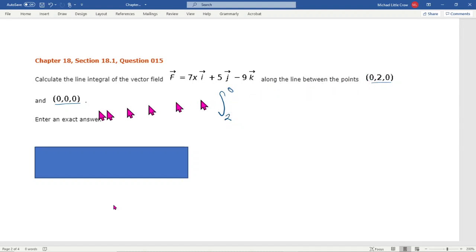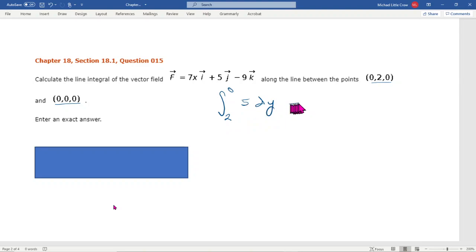So notice the direction. Usually we put the larger number on top. You could do that. You could go from 0 to 2 and call it negative. I'm just going to show you we're going to get a negative value, because this is the direction we're going. We're going from 2 down to 0 in the y direction. And what's the y component? It's 5 dy, times the change of y, right?